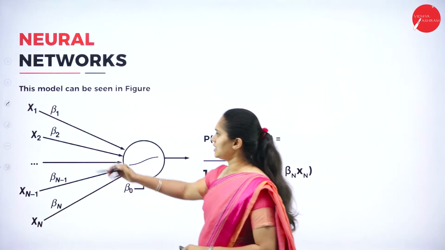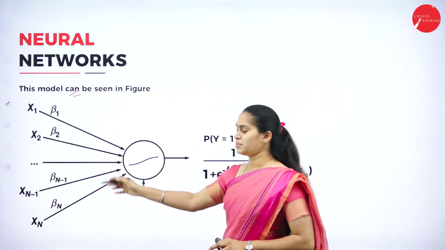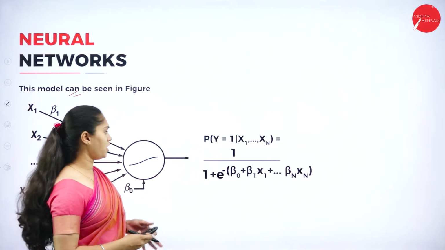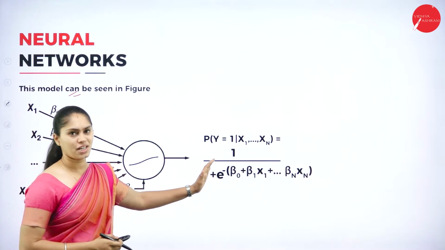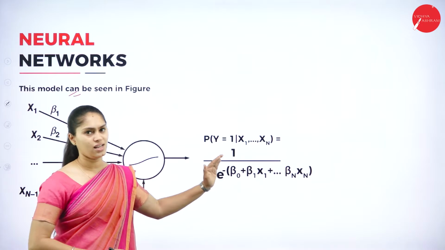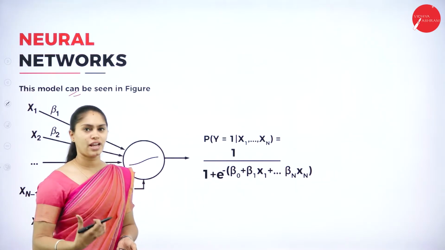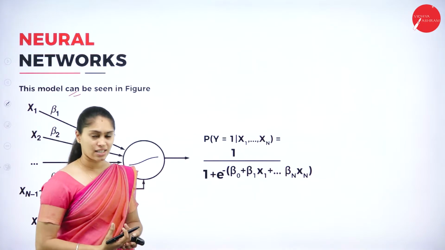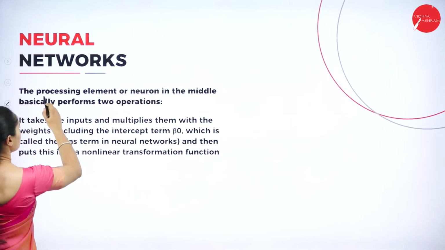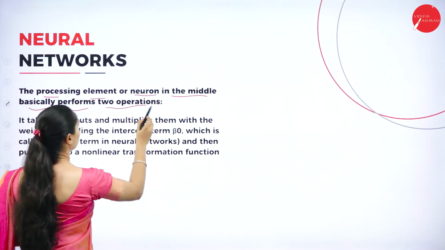This model has some mathematical terminology, and it checks the functionality of a human brain that will be converted into mathematical functioning activities or mathematical calculation. This will be helpful in order to find the signals of a human brain. Also, the processing element or neuron in the middle basically performs two operations.